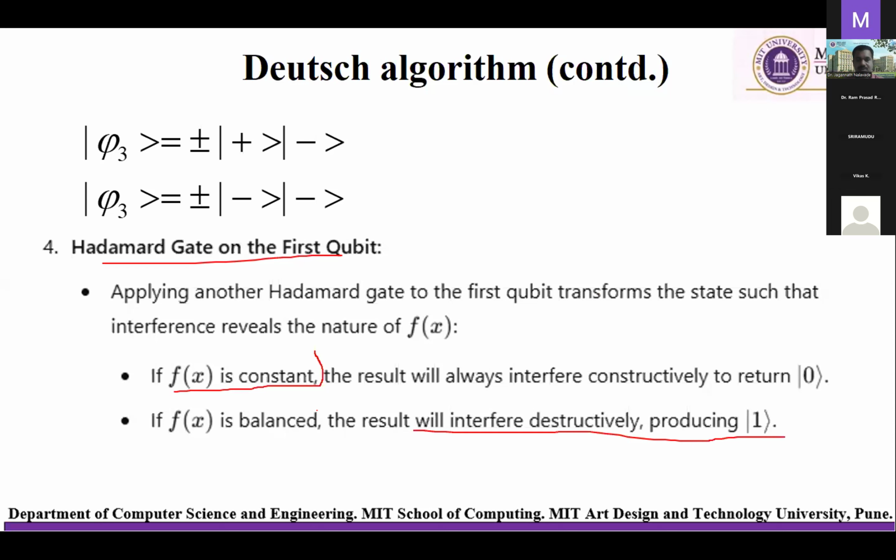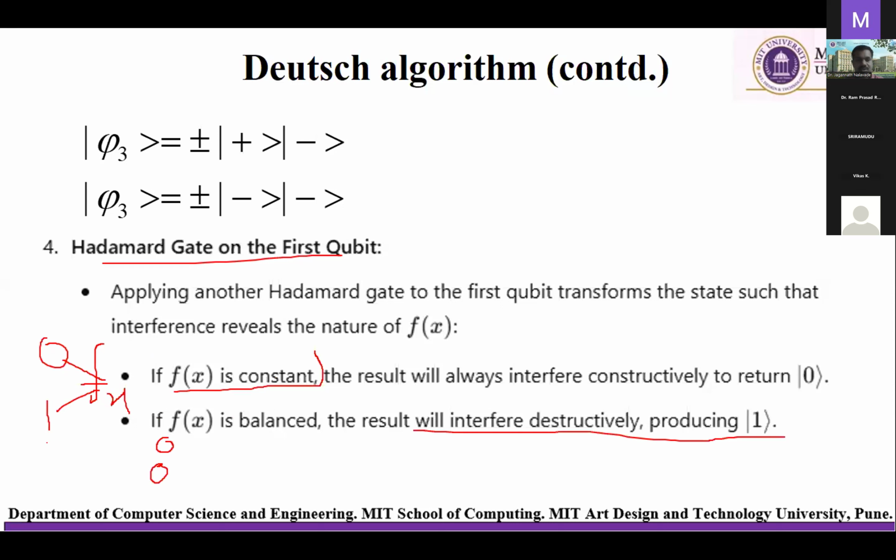Initially, in this particular example, we have considered that our first input is a 0 and the second is a 1, and we have considered this entire circuit as f of x. If f of x is equal to 0 when we pass 0, and when we pass 1 it is also 0, then we can say it is constant.